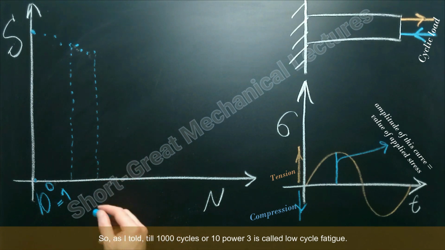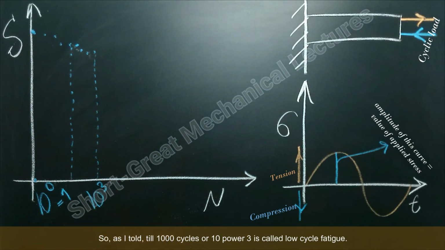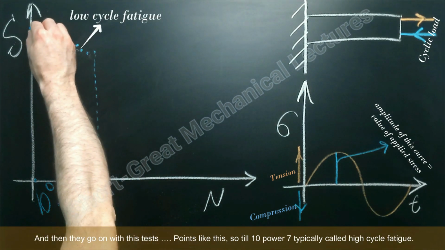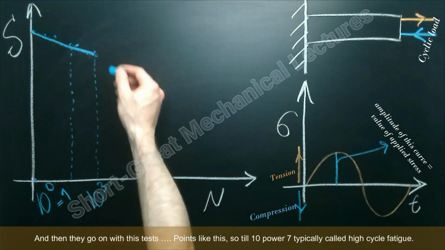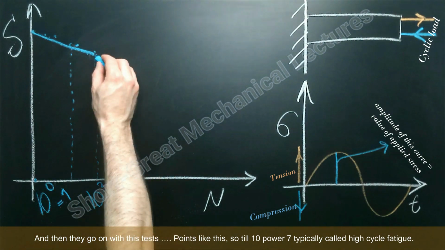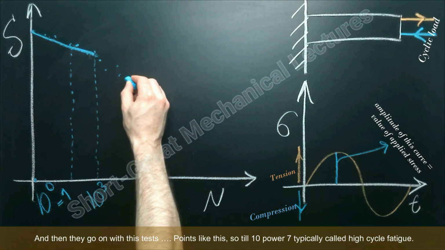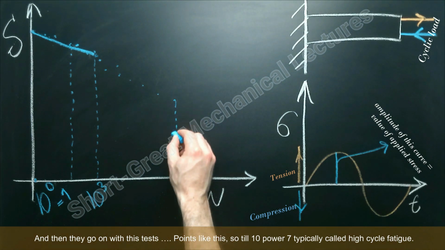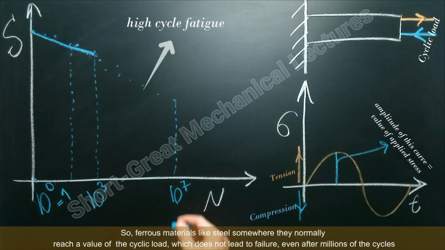So as I told, up to 1000 cycles or 10 to the power 3 is called low cycle fatigue, and then they go on with these test points like this, up to 10 to the power 7, typically called high cycle fatigue.